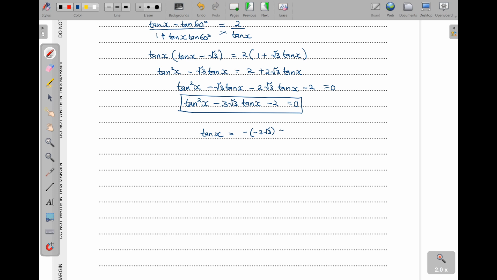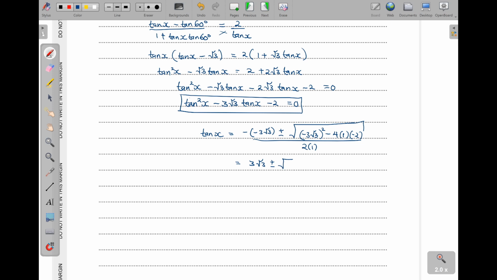So plus or minus root of b squared minus 4ac, all over 2a. So here we shall have the positive 3 root 3, then plus or minus. Then you can just write this all together.